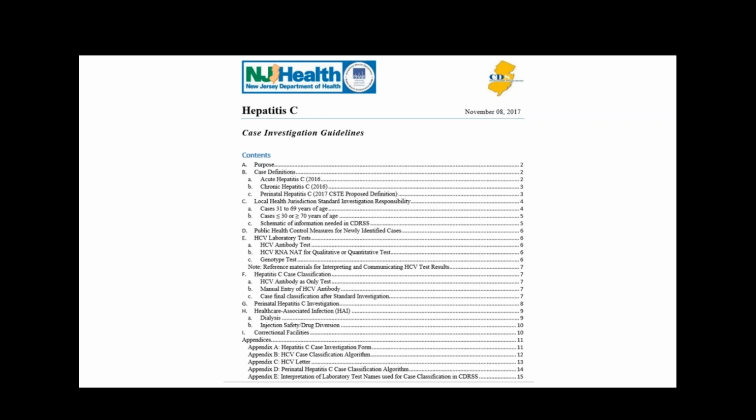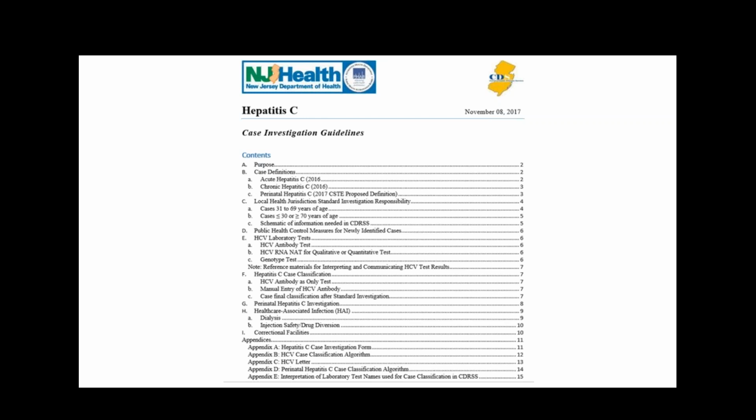It provides HCV acute and chronic case definitions, as well as the new proposed perinatal case definition. It provides details on the local health department investigation responsibility. It discusses HCV serology as well as test names. It's important to note also that in here are details on how to address healthcare and correctional facility cases.